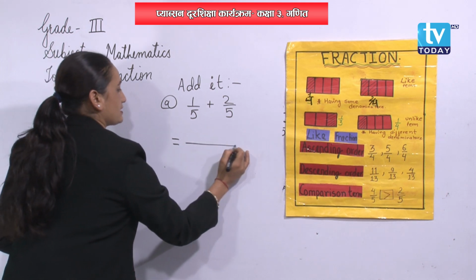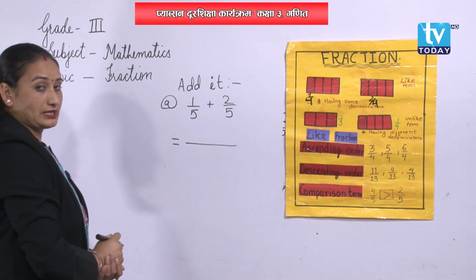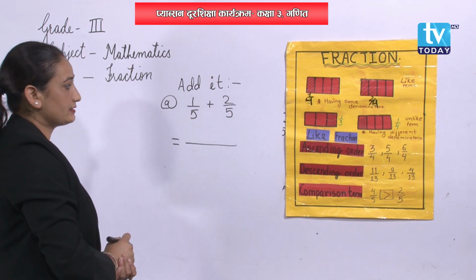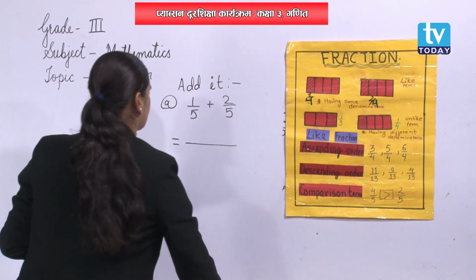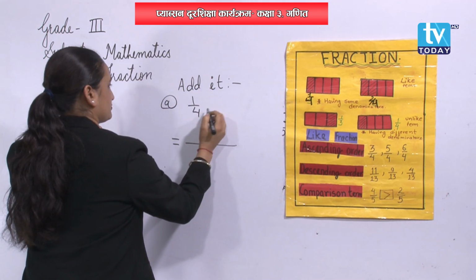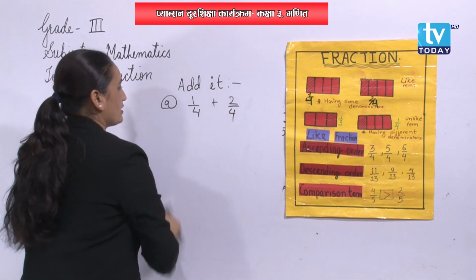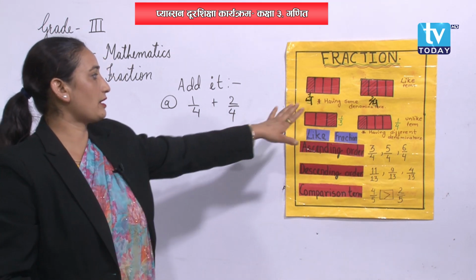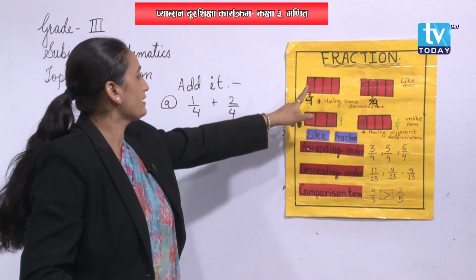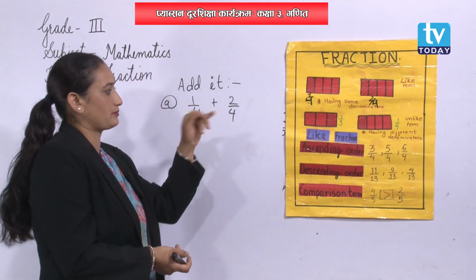Then, first of all, out of two denominators, right? If here is 1 by 4 and 2 by 4, let's have a look. Students, let's add the numbers from the same pictures. Here is 1 by 4 and here is 2 by 4. Now we are going to add that.